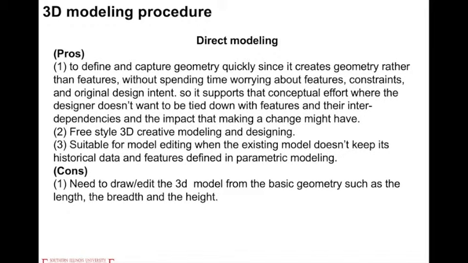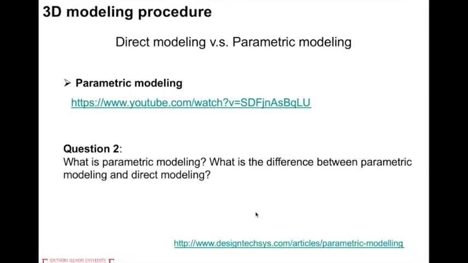So the cons, or disadvantages: you need to draw and edit the 3D model from the basic geometrical shape, such as the length, breadth, and height. You cannot directly drag the model from the library and put it in your desired position. More detail can be found from this link.